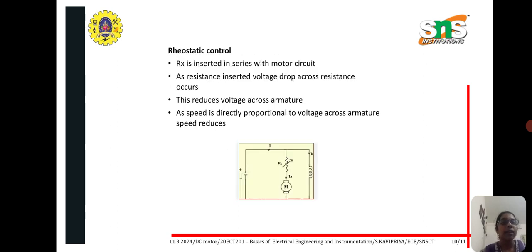Next is rheostat control. Under this rheostat control, Rx is inserted in series with the motor circuit.